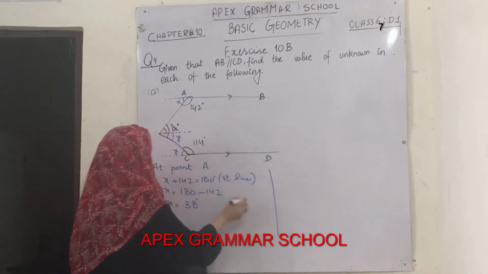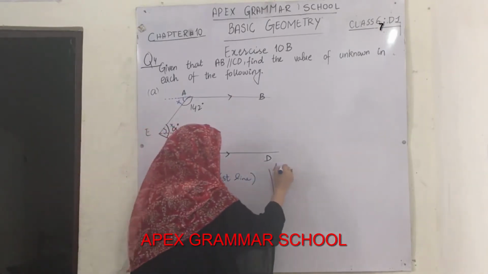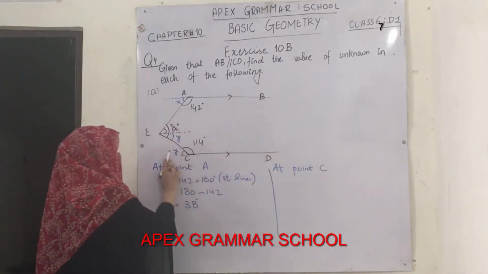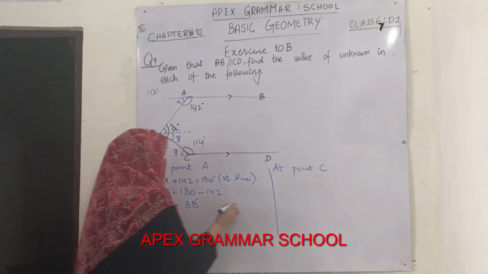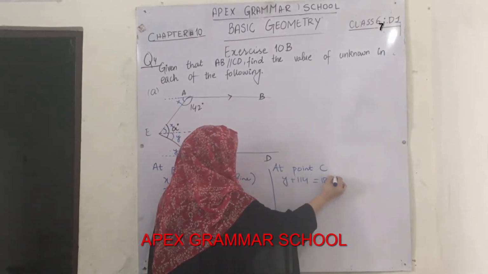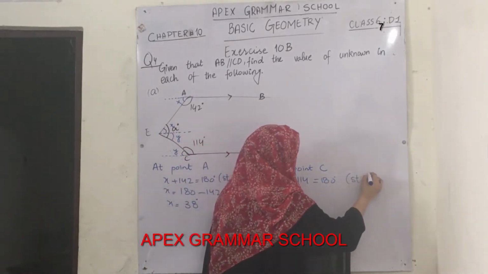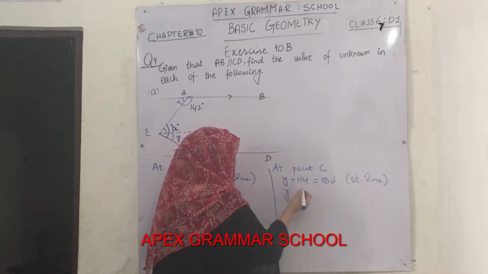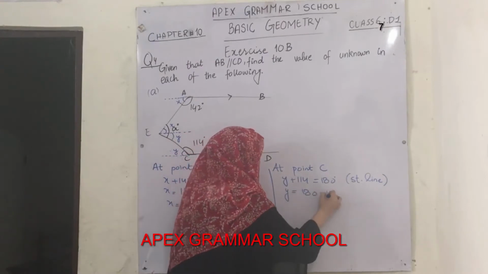Similarly, at point C, Y and 114 are lying on a straight line, so they will add up to make 180 degrees because they are lying on a straight line. 114 is being added, so on the other side it will be subtracted.